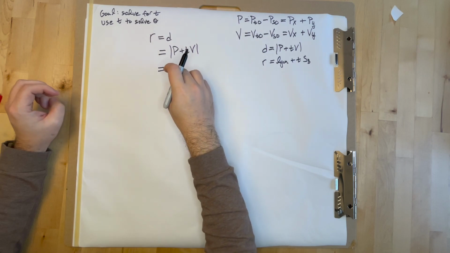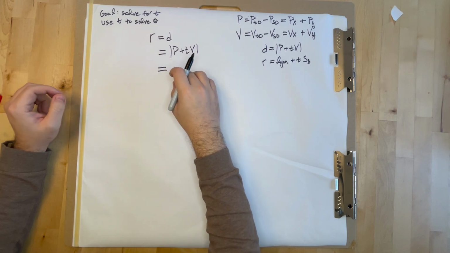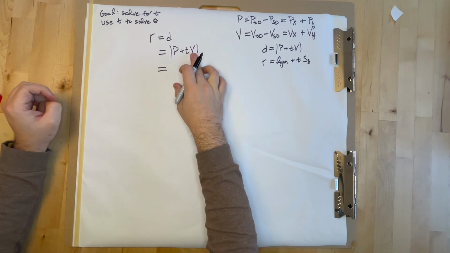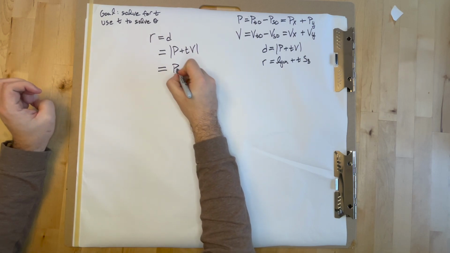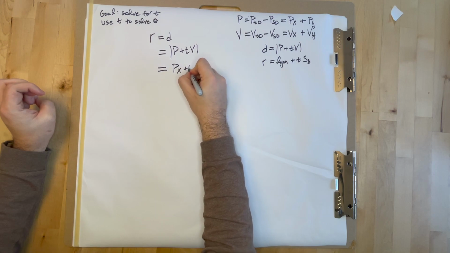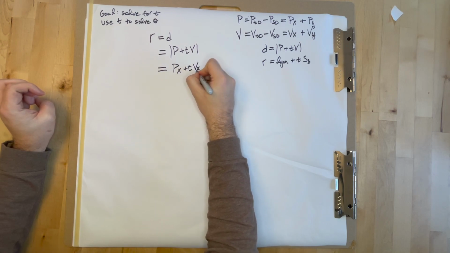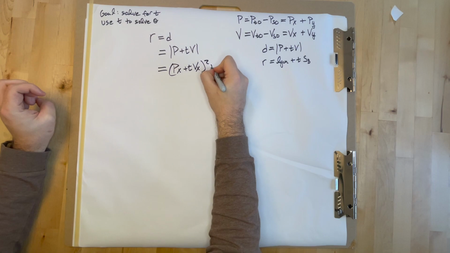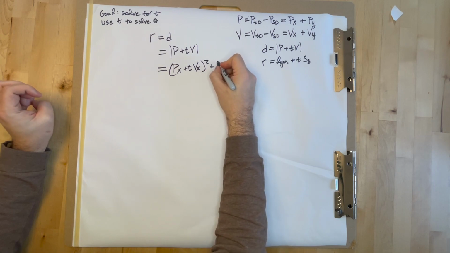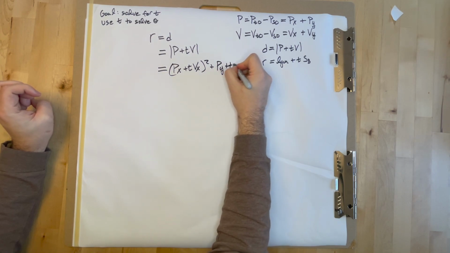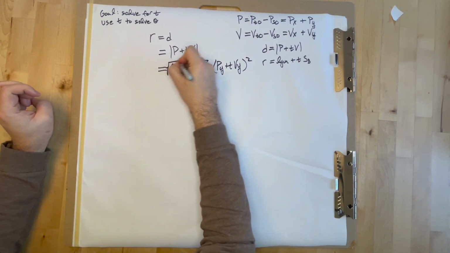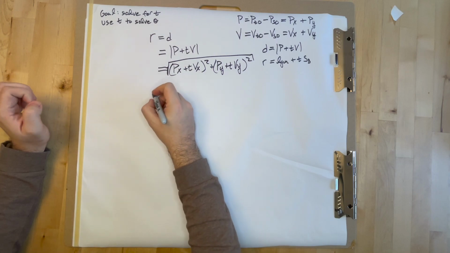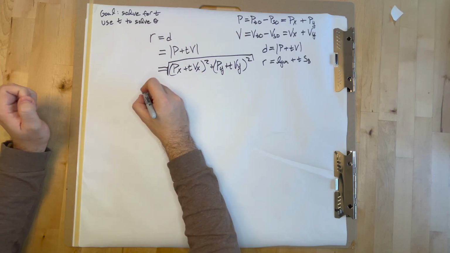In order to do that, we need to separate the x portion and the y portion of the vectors. So we can say px plus t vx squared plus py plus t vy squared, and that's all under a square root, is equal to r. In order to get rid of that square root, we can square both sides.